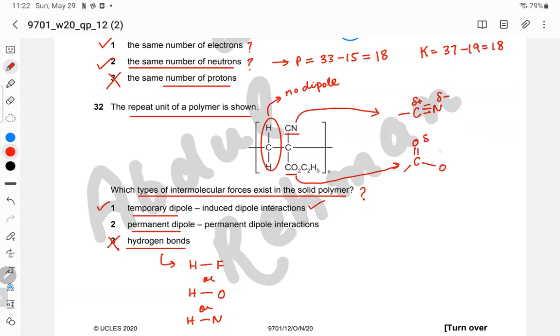So here these two are the negative ends, and this one is the partial positive end, which means that in this molecule there is a permanent dipole as well. So the second statement is also correct. So B option is correct. Yes, is this clear to everyone?